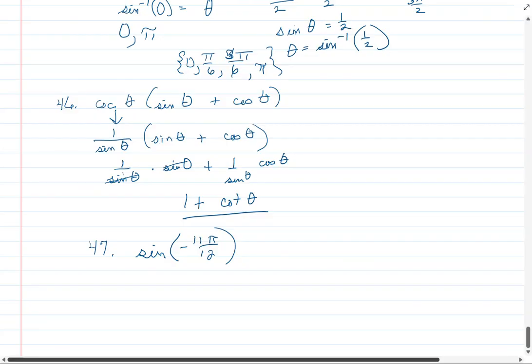And this would have to be, if I had negative 11 pi 12ths, and it's sine, and sine is negative sine of 11 pi 12ths because it's odd.